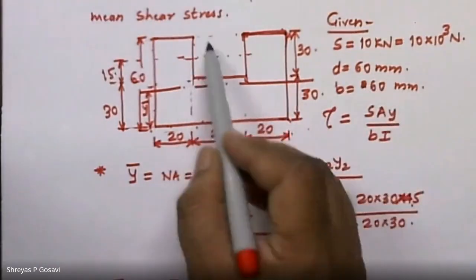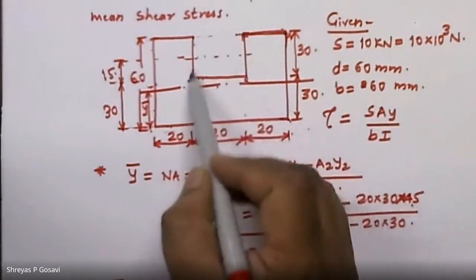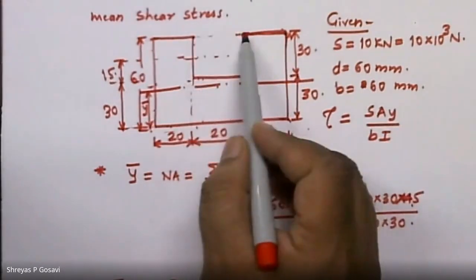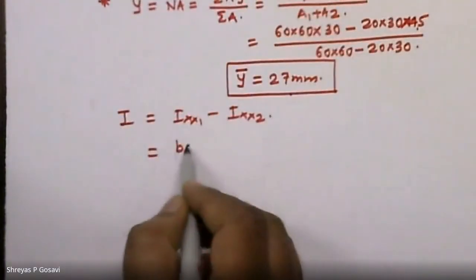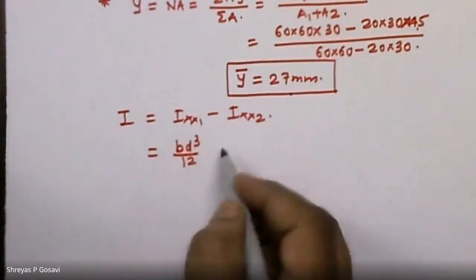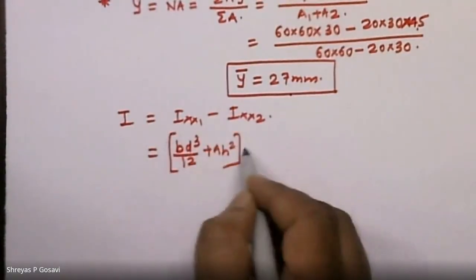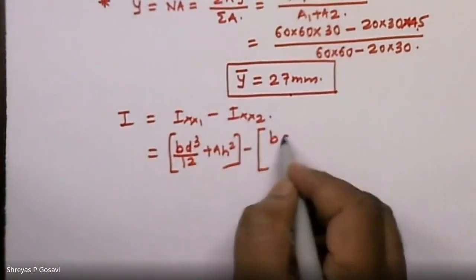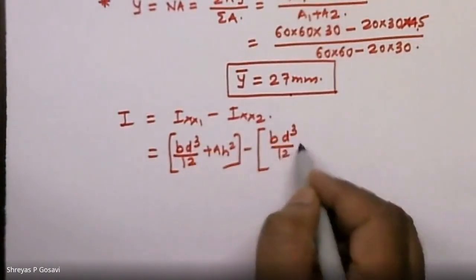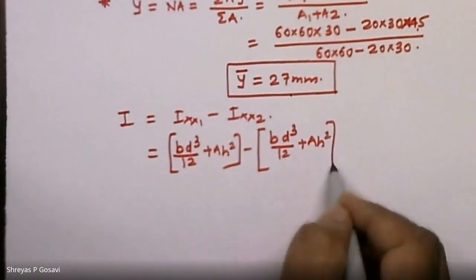Same will be the case for the second subsection, this hollow slot. So it will be BD cube by 12 plus AH square, minus, for the second section, BD cube by 12 plus AH square.